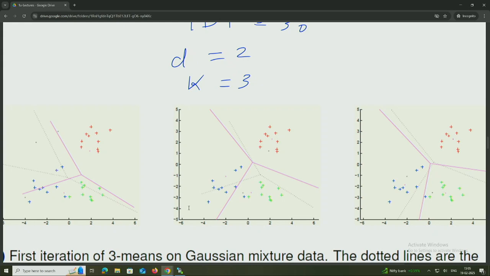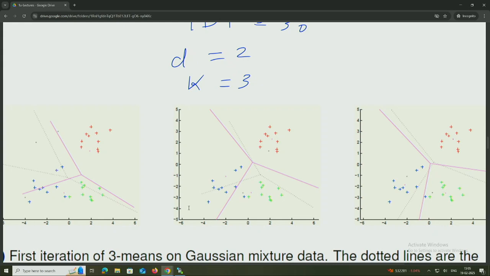So these are the points given to you, the pluses, correct? And the pluses are color coded to tell you that these are the actual clusters they belong to. So this is kind of labeled data. This is counterintuitive. This is for the sake of instruction, that we already know they belong to these clusters, because we are telling you how well the clustering is working. We want to check that. Otherwise, in real life, you will have no idea. It's unsupervised in that sense.